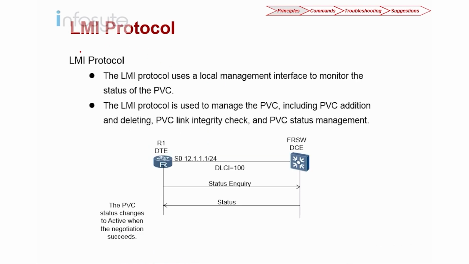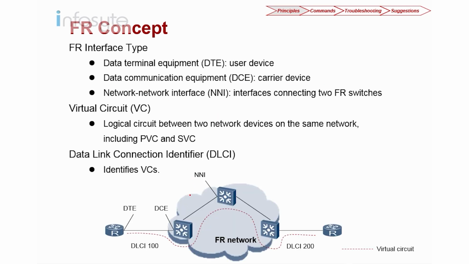Now frame relay uses what we call the LMI. So what exactly is the LMI? LMI stands for Local Management Interface. The purpose of the LMI is to monitor the status of the PVC. If I have a virtual circuit between router 1 and router 2, it looks like point-to-point connectivity, but in actual fact, it's not exactly one single line.